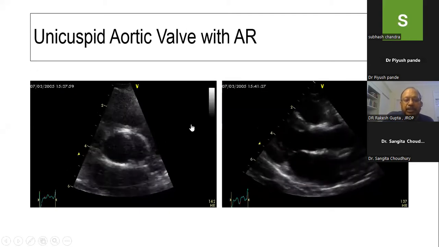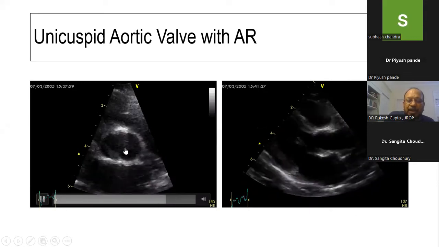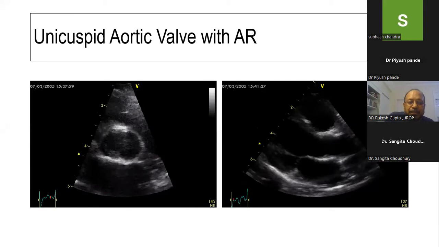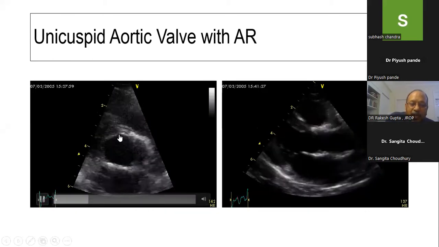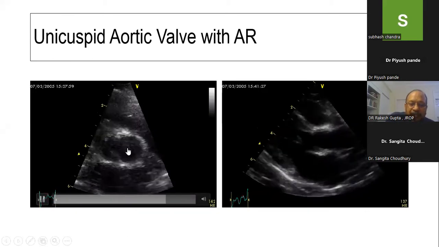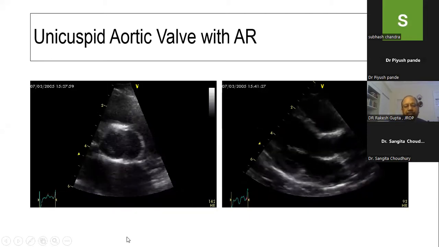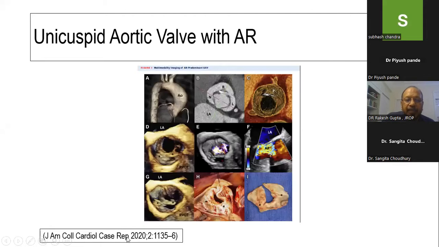So this is unicuspid. Can you see this valve? This is a rounded valve which opens like a round kind of thing. Whenever the valve opens, it just opens like this.